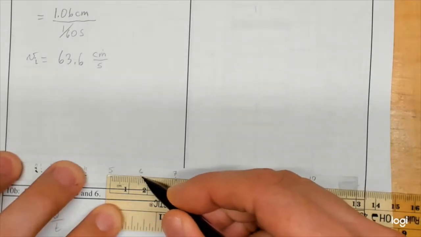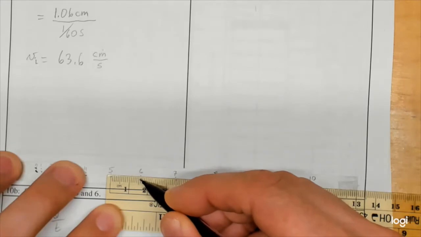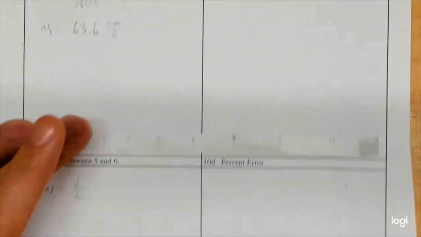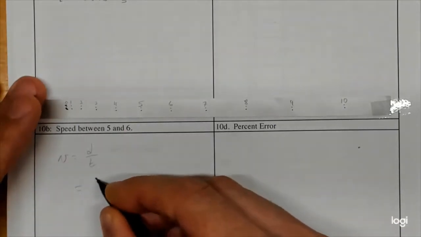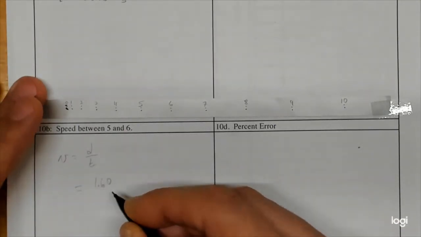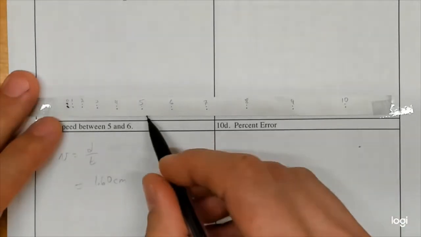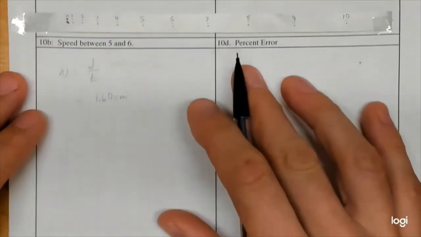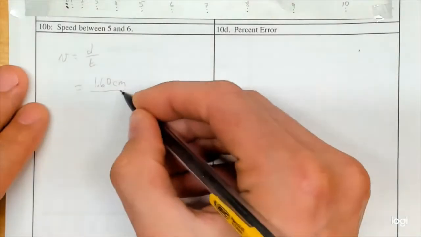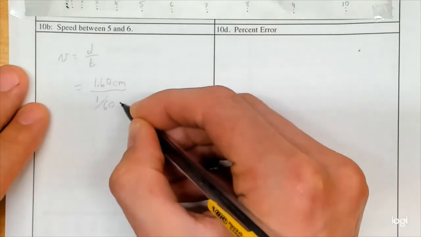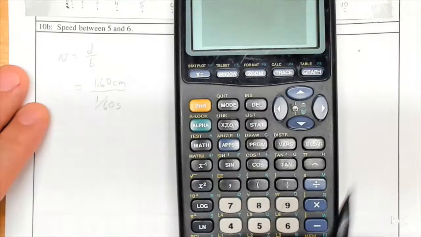So remember, if a point falls right on the dot, we call that 1.60. We put a 0 at the end. Always need to the hundredths place, even if it's on the dot, you still put that 0. Centimeters, and the time between dots 5 and 6 is still 1/60th of a second. So I divide those out.